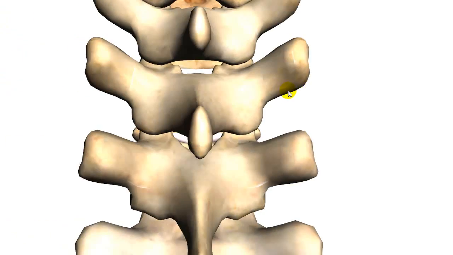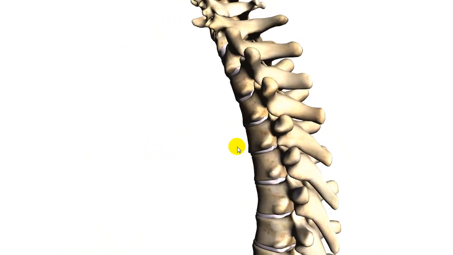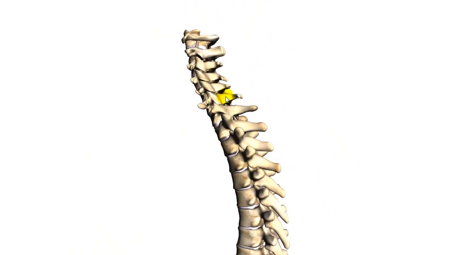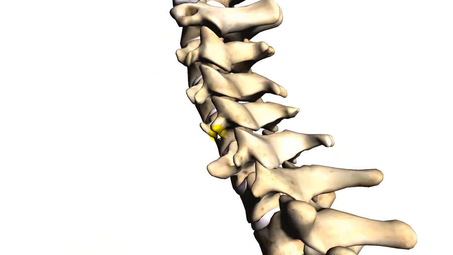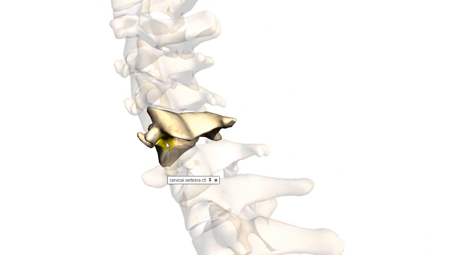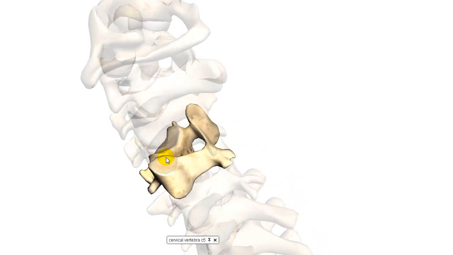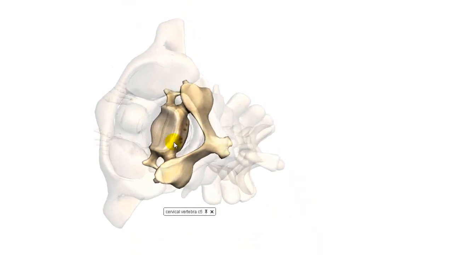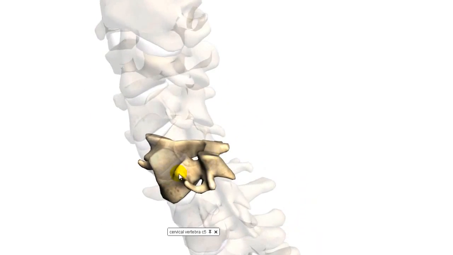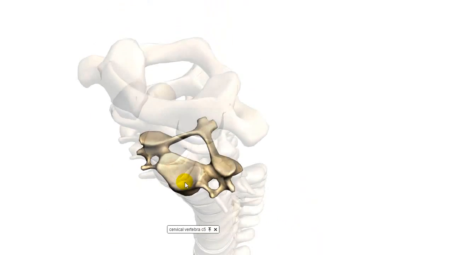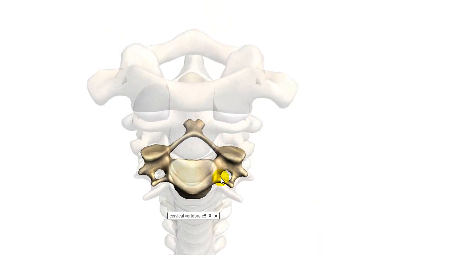So that was a thoracic vertebra I showed you there, but if you go further up to the cervical vertebra, I'll just click on one here, you can see that you've got something else. In the transverse processes there's a little hole known as the transverse foramen, and you have those on both sides, but you only get these in the cervical vertebra because this allows for the passage of the vertebral artery, which I'll show you in a minute.